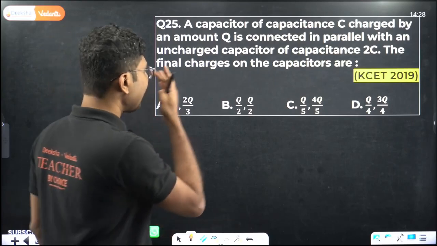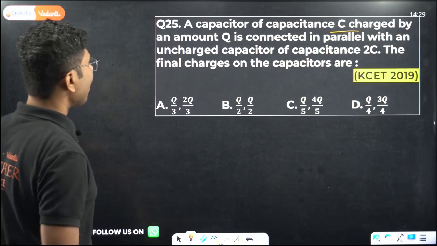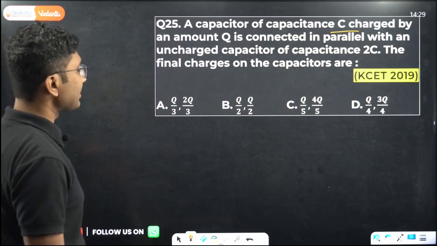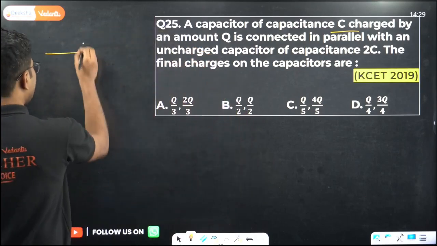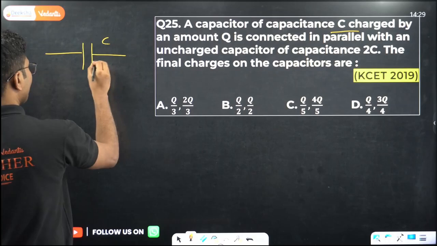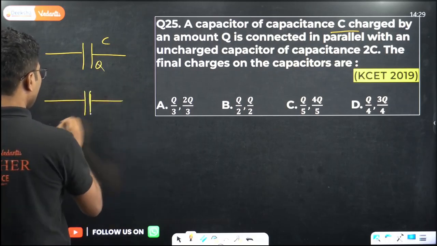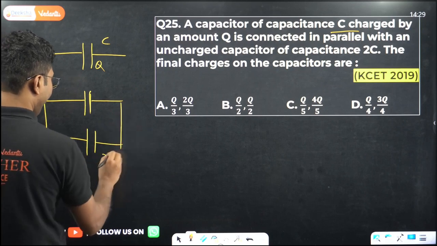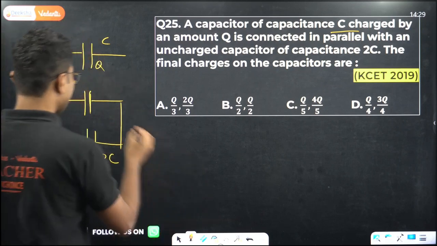So first, one capacitor is charged with a charge Q. Now you have connected another capacitor, 2C. So now they are asking what is the total charge, what is the charge distribution.